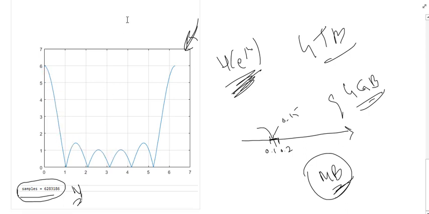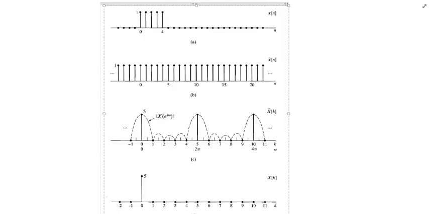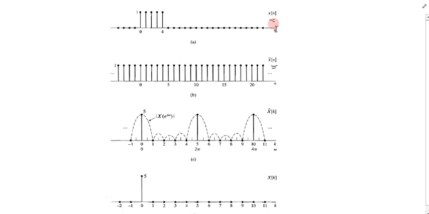Let us further understand it with the help of an example. For example, you have a signal x of n, which is just a rectangular waveform in discrete time. Now if you make it periodic with period 5, then it is a periodic signal.